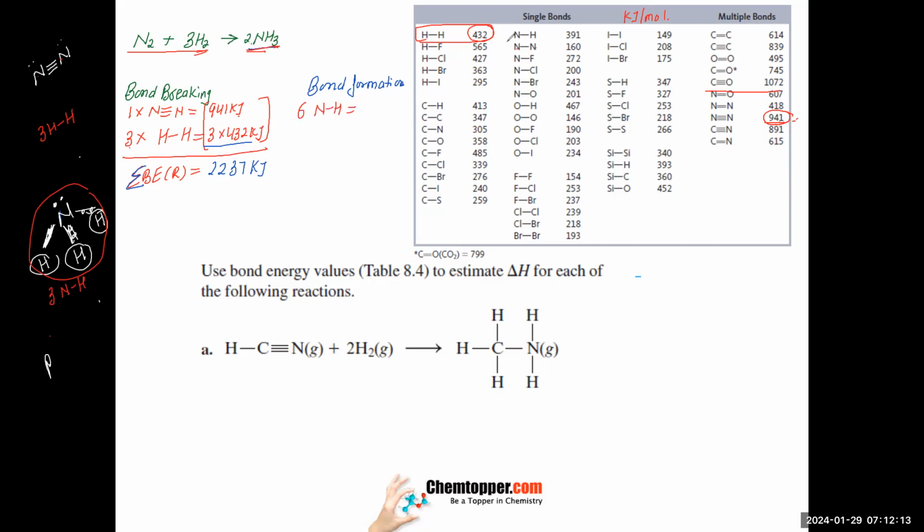Pick up the value. 6 times 391. These are the only bonds formed. So what is the summation of bond enthalpies of the product? How much is this? Get the summation. Summation, we have only one type.